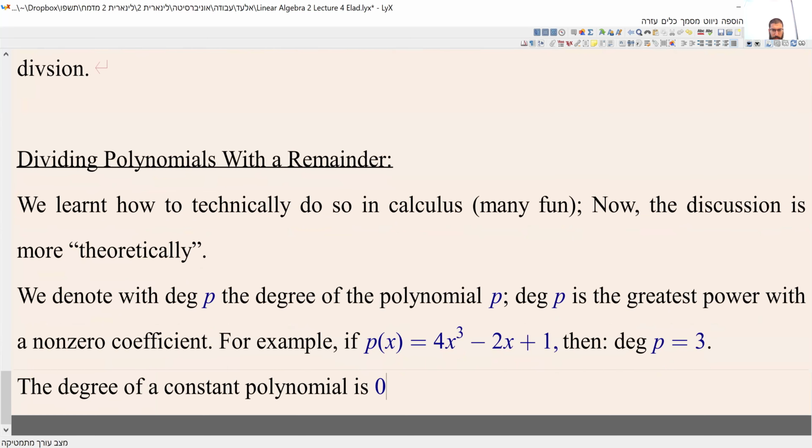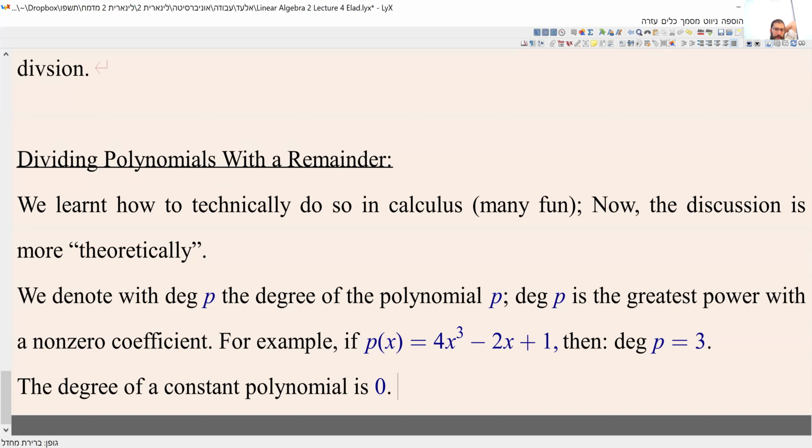The degree of a constant polynomial is 0. There is a nice philosophical discussion about the degree of the zero polynomial itself, the polynomial that is always 0.